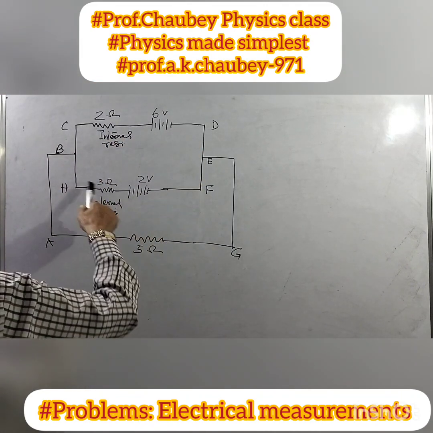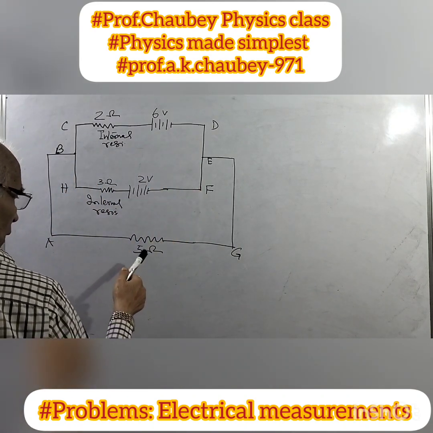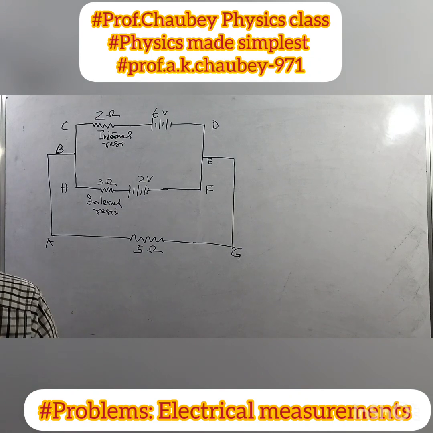They are connected in parallel and applying a voltage across a resistance of 5 ohm. So calculate the current through each battery.